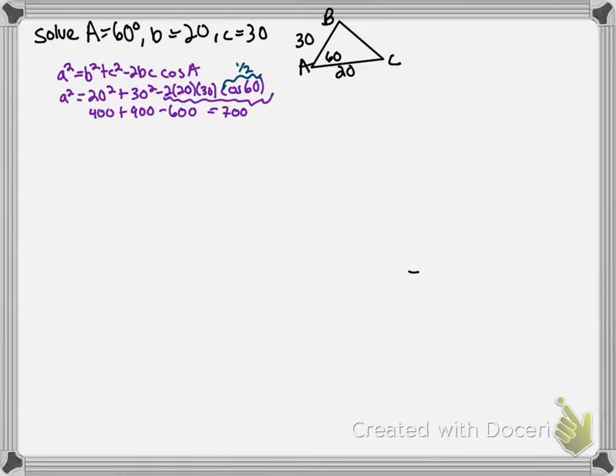So now we're going to use the law of cosines. So this is law of sines, excuse me. So law of sines requires us to do the square root of 700. This is going to be A squared.